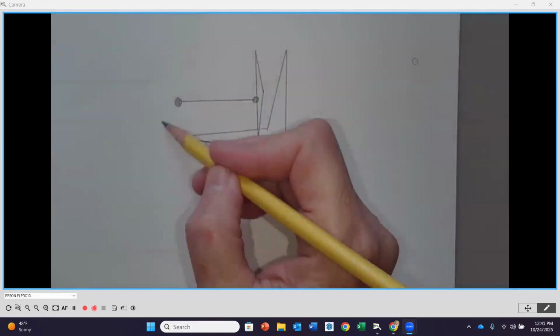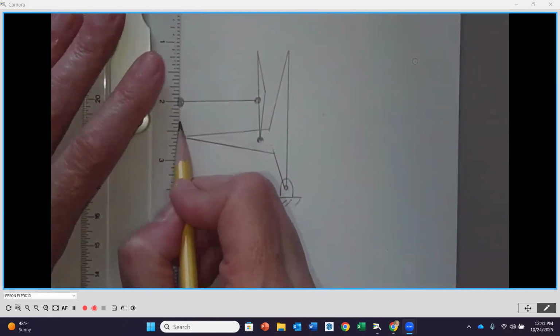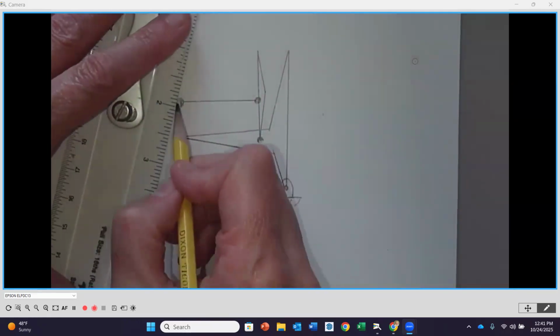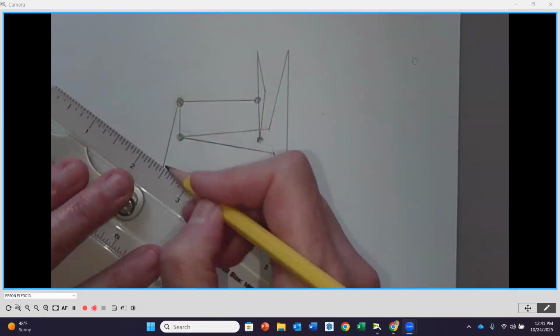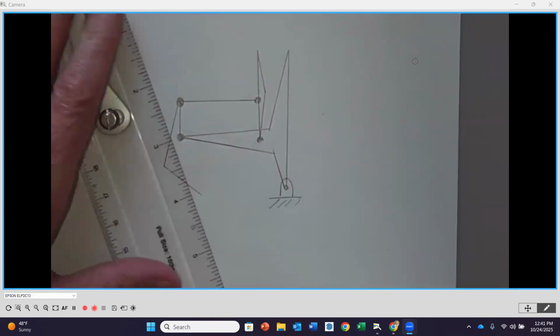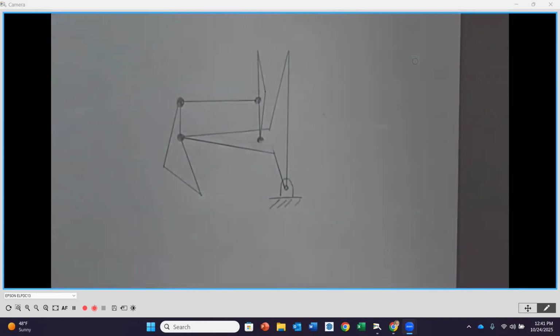And then the last one is going to be our scoop. So here, this part goes directly up, and then here, I'm going to make this look like a scoopish type of thing. So not really a perfect triangle, but something like that. Okay.